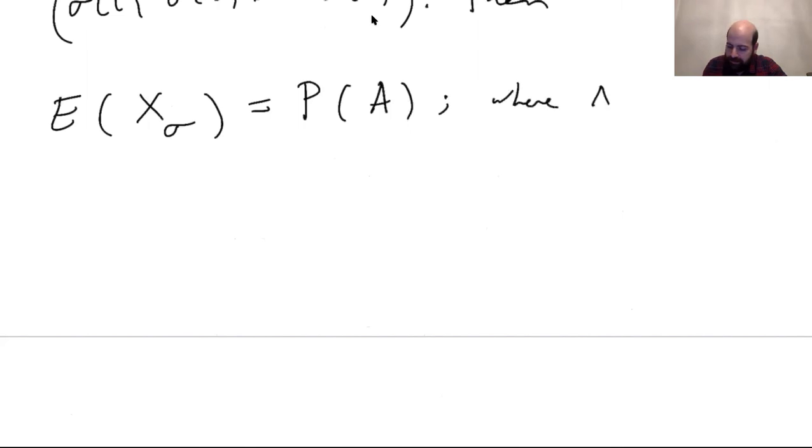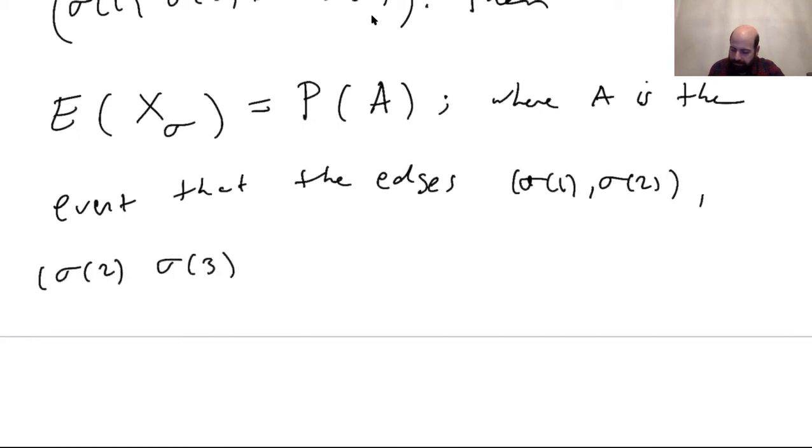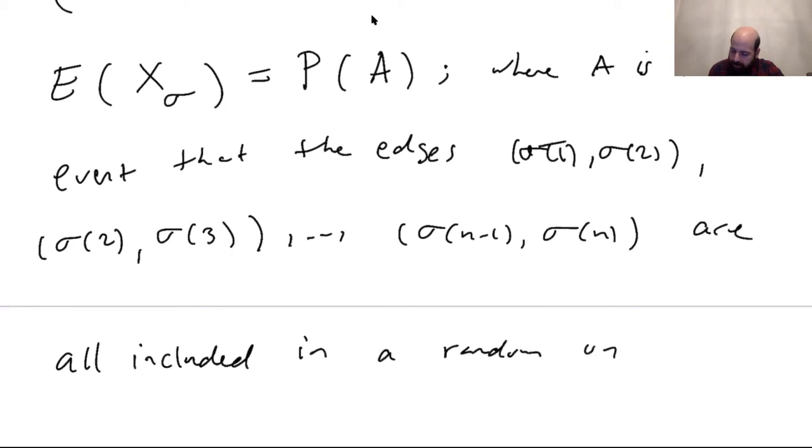where A is the event that the edges sigma 1, sigma 2, sigma 2, sigma 3, up to sigma n minus 1, sigma n are all included in a random oriented complete graph.